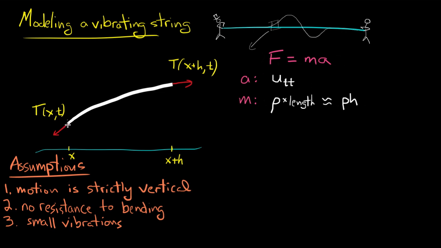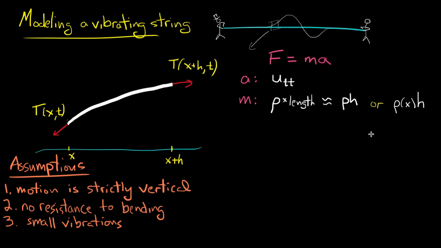So let's choose one point on the segment to represent the density of the entire segment. And let's make the choice of, say, the left endpoint. So the density at the left endpoint would be rho of x, and that would make approximately the mass of the whole segment equal to rho of x times h. I could choose, say, rho of x plus h, or any other point in between, but rho of x is simply a convenient choice.